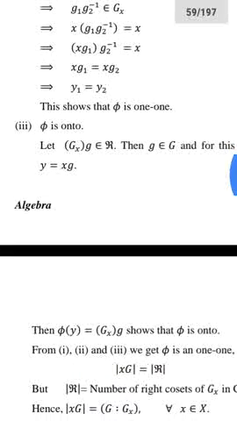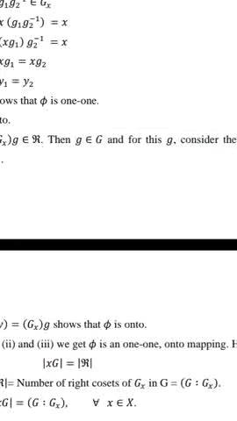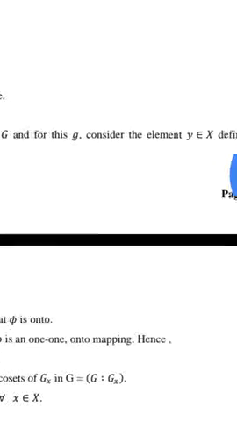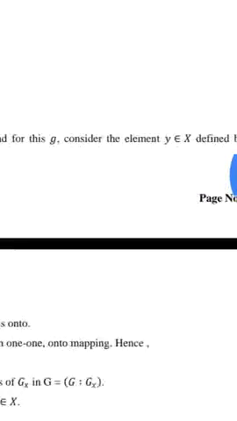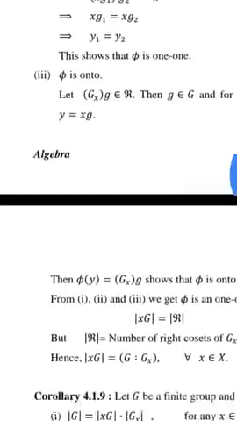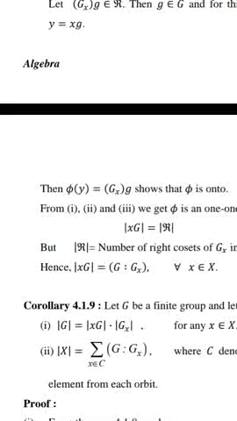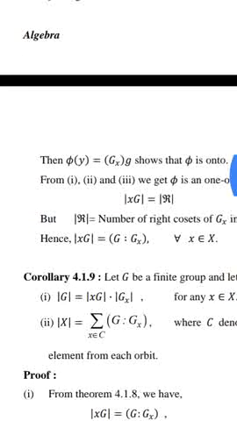Now we have to prove that phi is onto. Let Gx g belongs to R. This implies that g belongs to G. For this g, consider the element y belongs to X defined by y is equal to xg. Then phi of y is equal to Gx g. This shows that phi is onto.